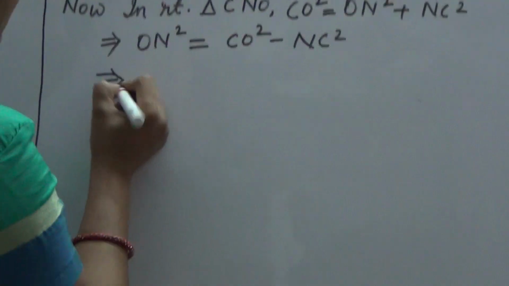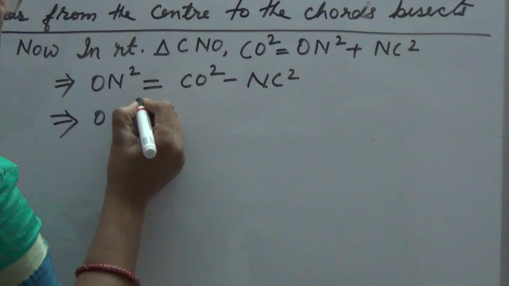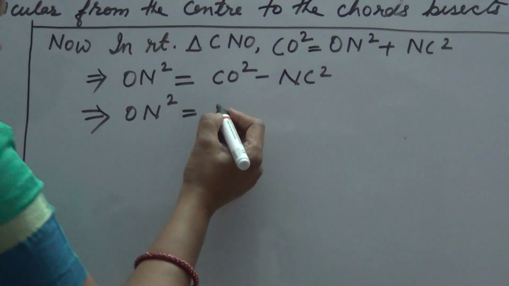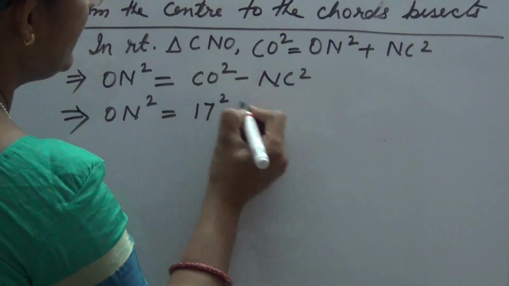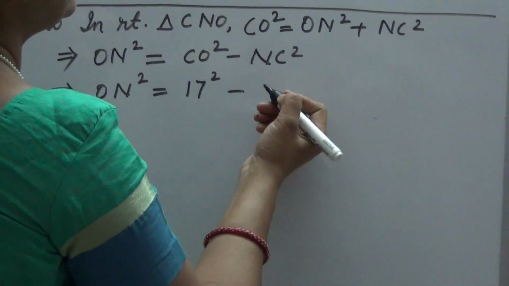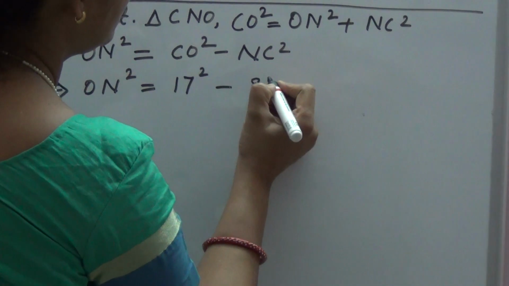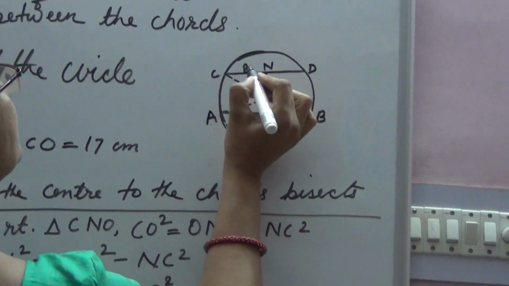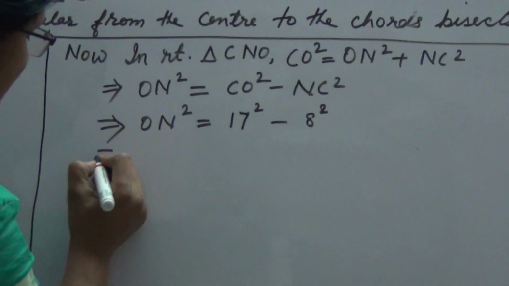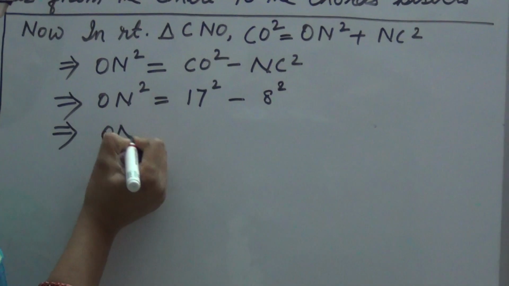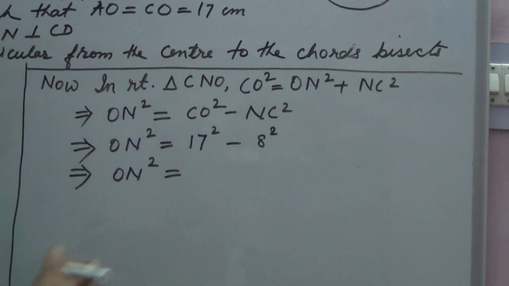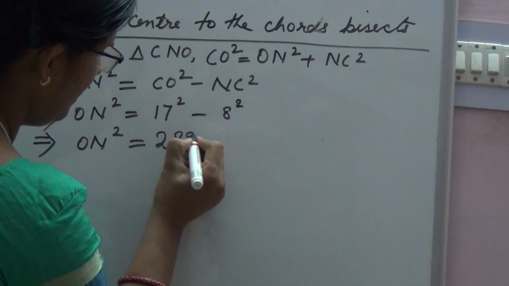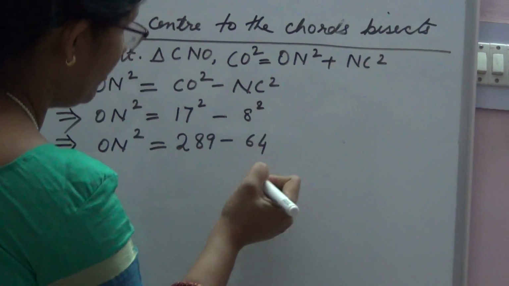CO is again 17 centimeter, so this will be 17 square, and NC is 8 centimeter, so it will be 8 square. This implies that ON square is equal to 289 minus 64, which is 225.